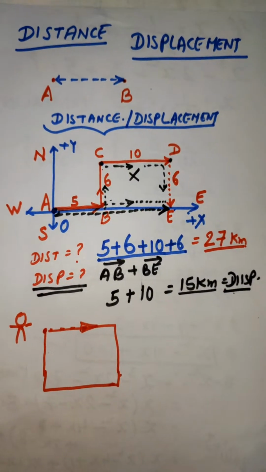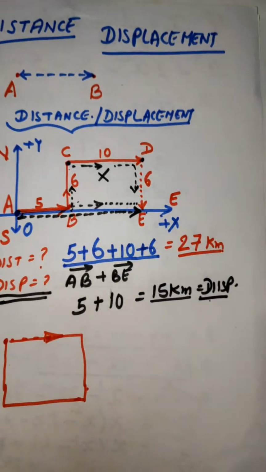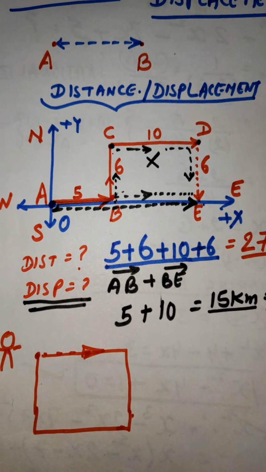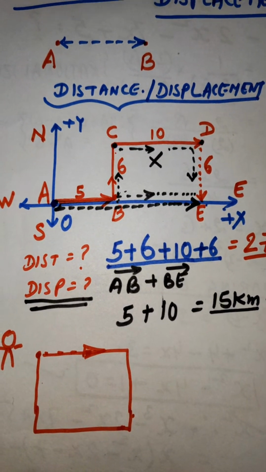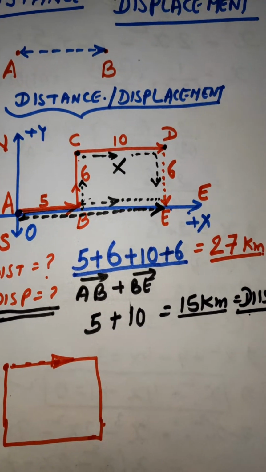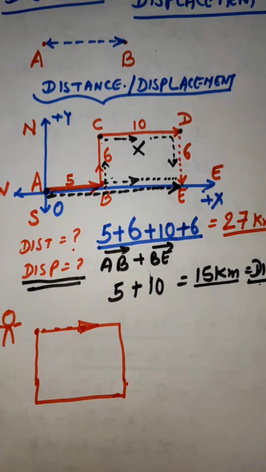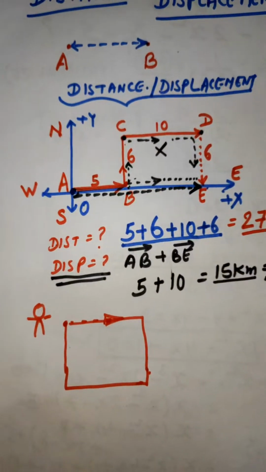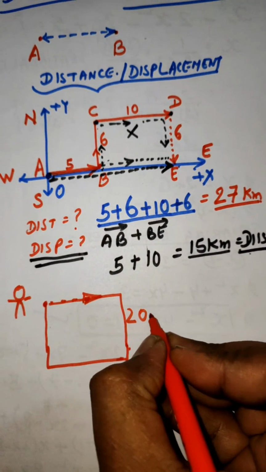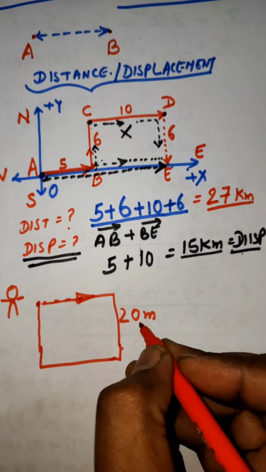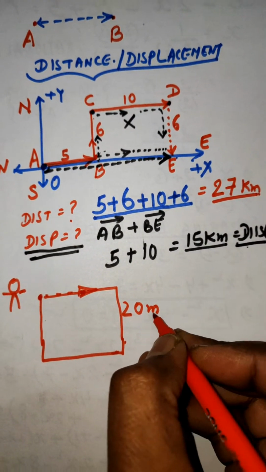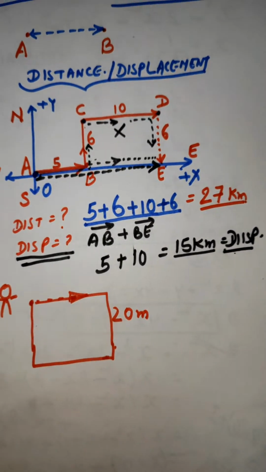So that person is moving on the square park, and in the question it is given that the man is jogging around a square park of side 20 meter. So this is the side of the square park, 20 meter, and he takes 1 minute in completing one round.